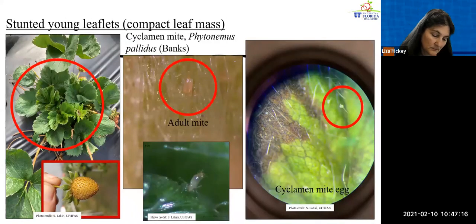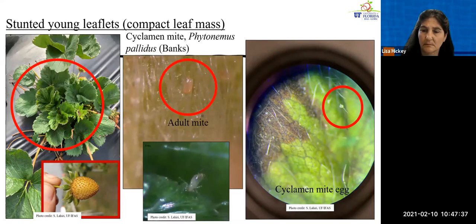Another mite species that can cause potential plant injury are the cyclamen mites. Typically, we find cyclamen mites hitchhiking from the nurseries, and they infest the unfolded young strawberry trifoliates.